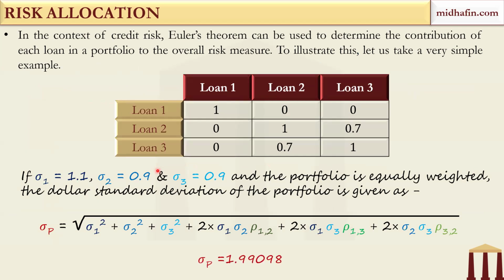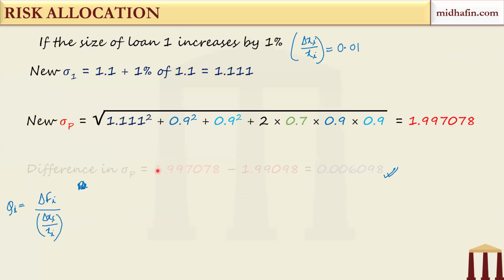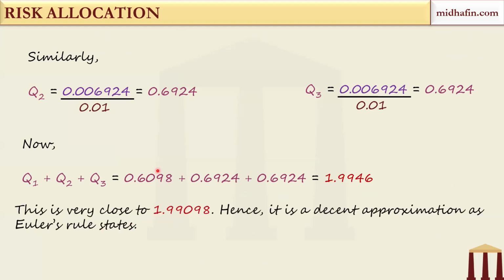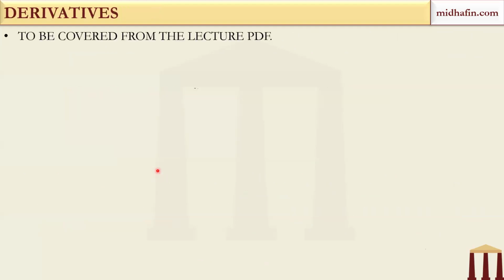This is how we break it. So basically, we can say loan 1 is contributing this much to the total standard deviation, 0.6098, and loan 2 and loan 3 are contributing 0.6924 each to the total standard deviation of the portfolio. That is what Euler's rule application is to the credit risk part.